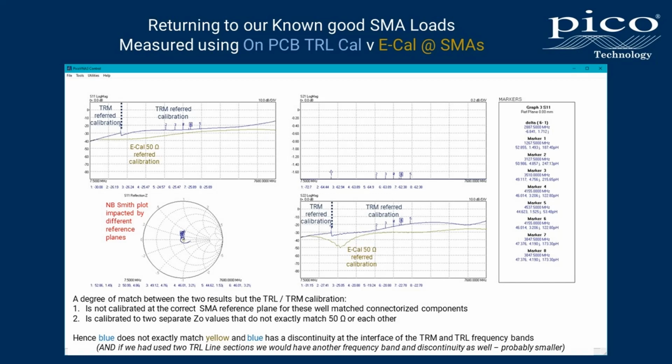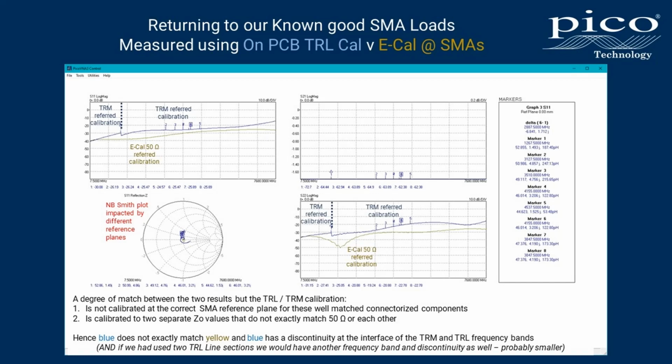It's also a calibration based on two separate Z0 values that do not exactly match 50 ohms or each other. Hence, the blue trace does not exactly match the yellow, and the blue trace has a discontinuity at the interface of the TRM and TRL bands.